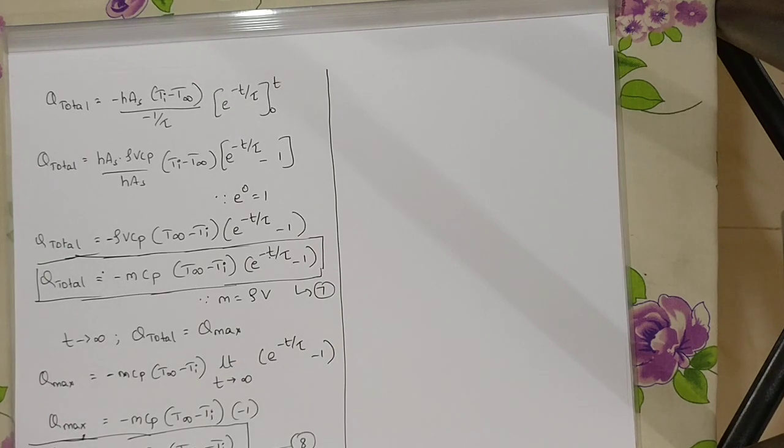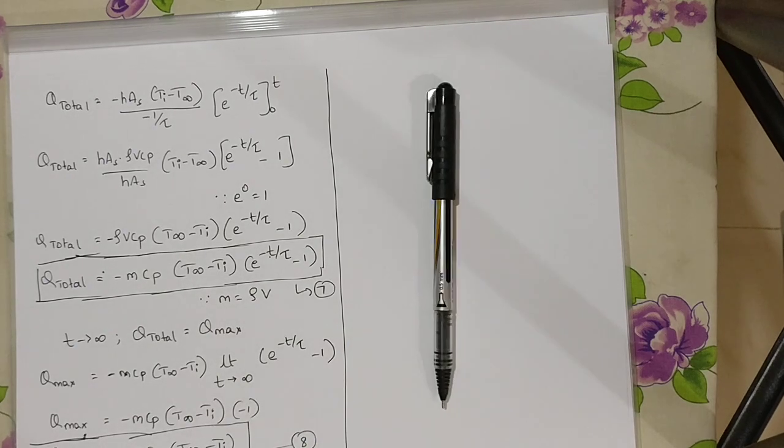Question number 8. So far so good, guys. We identified the temperature distribution, the heat transfer at a particular time, the total heat transfer, and we found the maximum heat transfer as well. Now it's very important to understand when we can use this analysis.